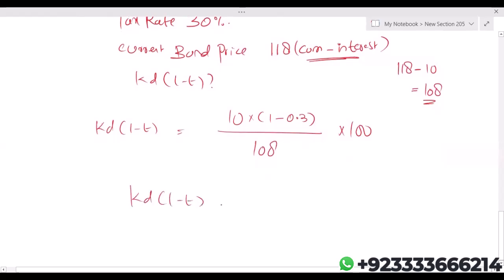So KD1 minus T is 6.48%, or you can say 6.5%. Let's see the results. Yes, 6.5 is correct. Good.